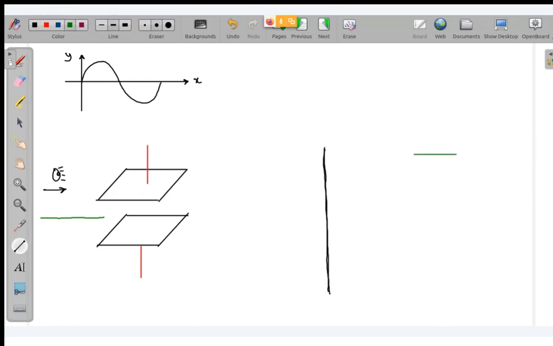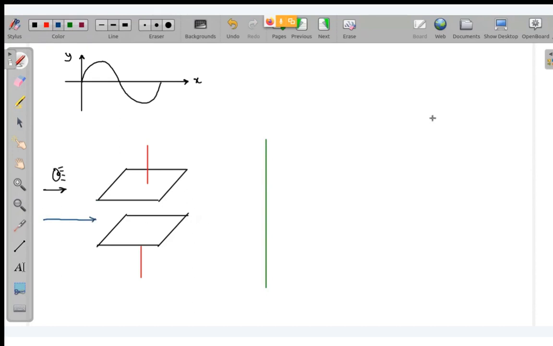This is your plate. I will keep the representation the same, so here plates are in black color. Let me draw the screen in green color. This is your blue color, meaning the fine beam of electrons.